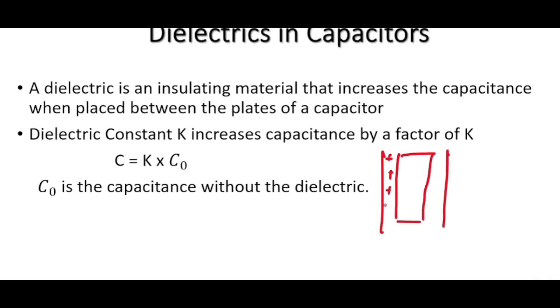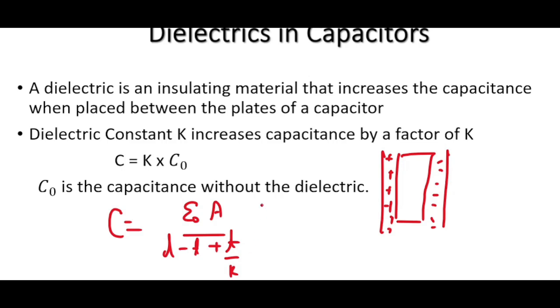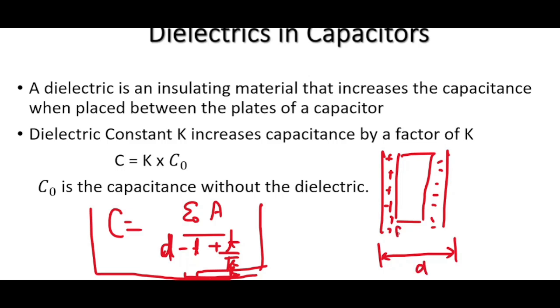When the dielectric is placed, C is equal to epsilon naught A upon D minus T plus T upon K, where D is the separation between the plates, T is the thickness of the dielectric, and K is the dielectric constant.